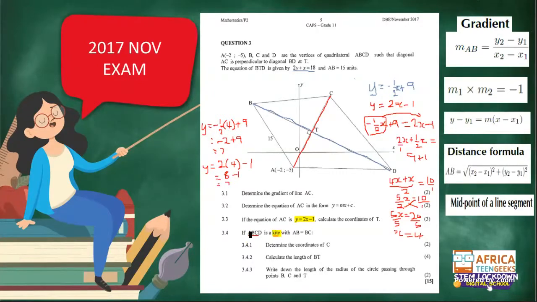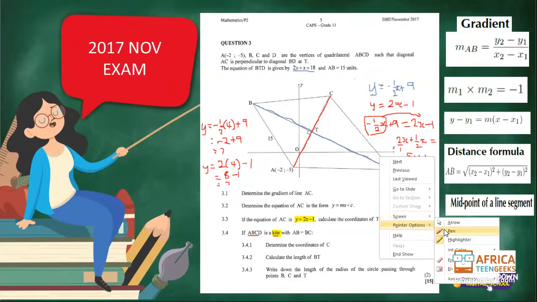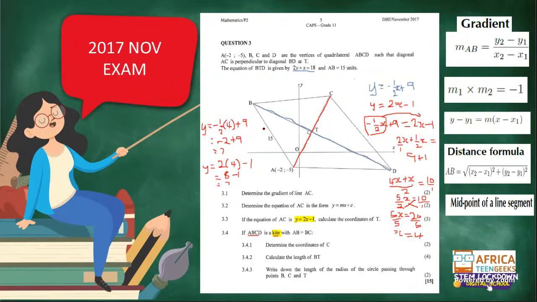And then in this case, they're saying if ABCD is a kite with AB equals AC, and then you need to determine the coordinates of C. Okay, so the kite in this case is the hint on how you're going to get your answer.